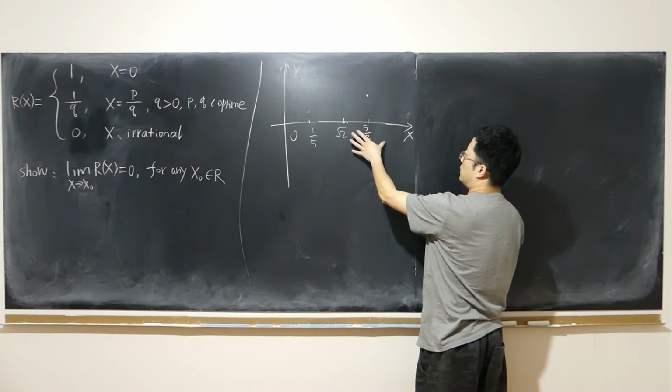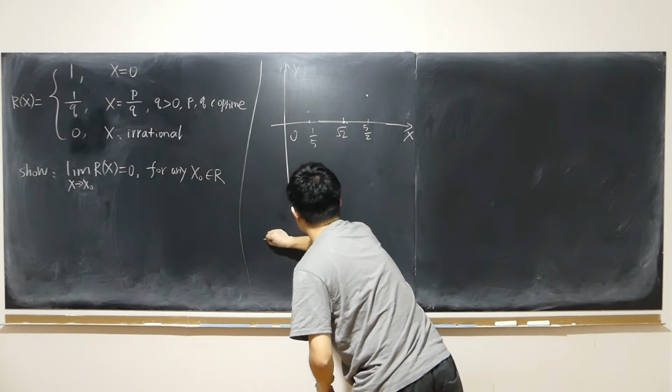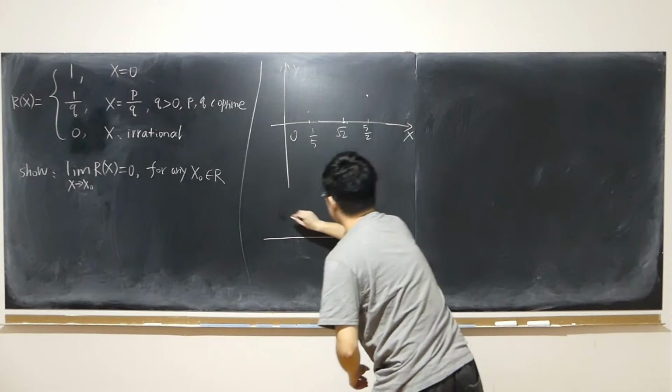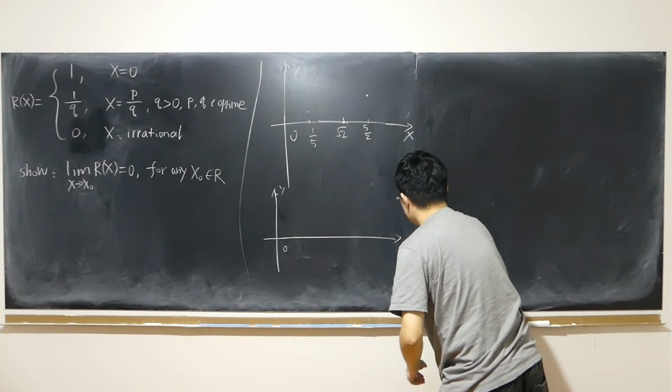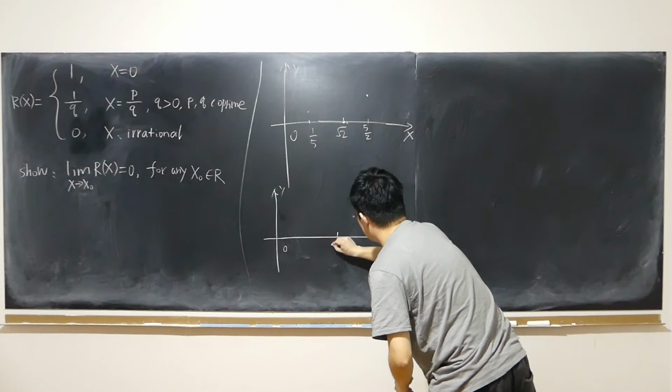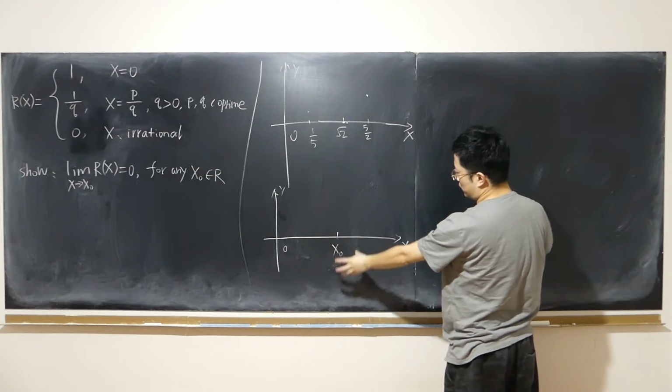Let me just draw another graph. First of all, let's choose any random point x0, any real number, and fix it.